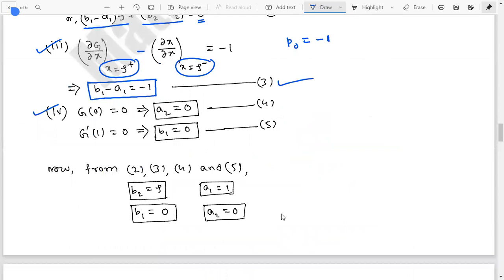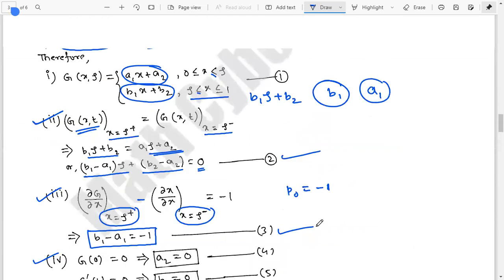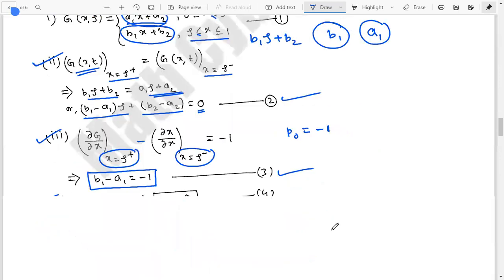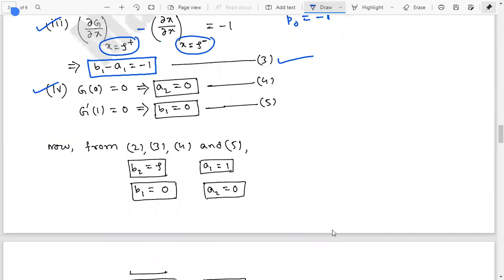At the point x equals 0, the Green's function is a1 x plus a2. If we put x equals 0, this will be a2. So G(0) equals 0, and from here we are getting a2 equals 0. Similarly, from the second condition, we are getting b1 equals 0.